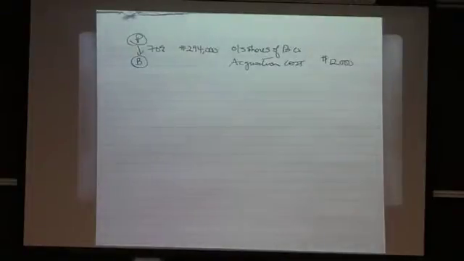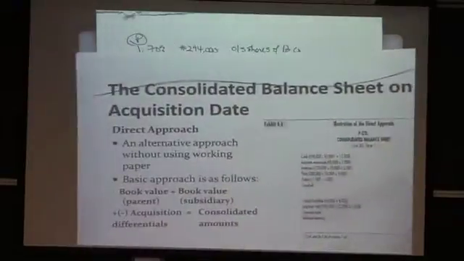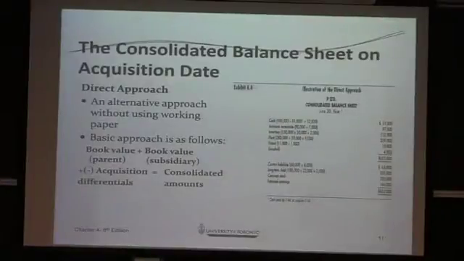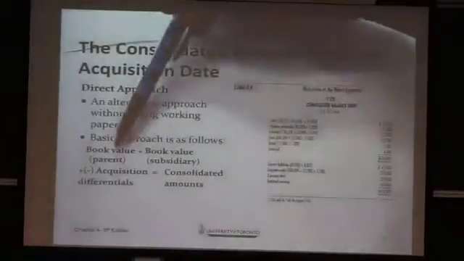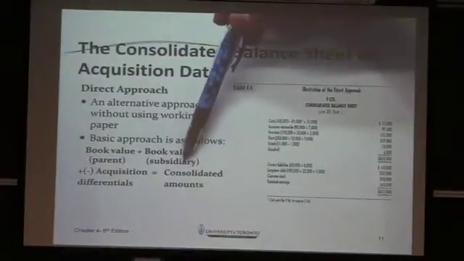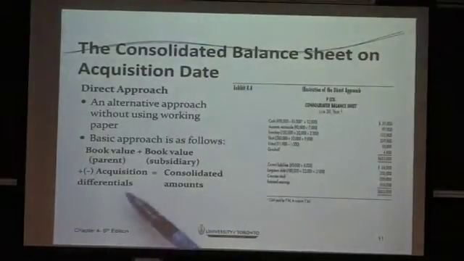Let's take a look at a couple of technical materials before we start solving this question. When preparing a consolidated financial statement, we're going to use the direct approach. In your textbook, there are 2 approaches: a worksheet method and the direct approach. The worksheet method always starts with the parent's book value plus the book value of the subsidiary plus the acquisition differential.